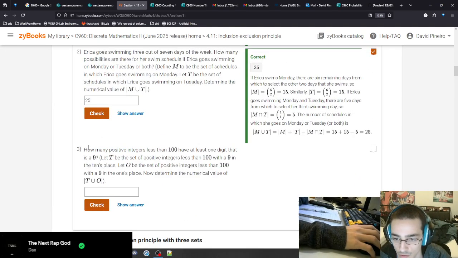Okay, so how many positive integers less than 100 have at least one digit that is a 9? So it's going to be 1 through 99. How many of them have at least one digit that is a 9?